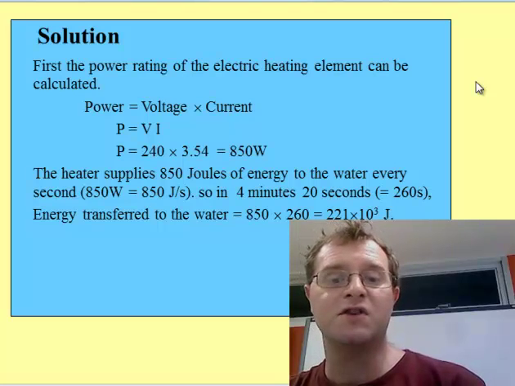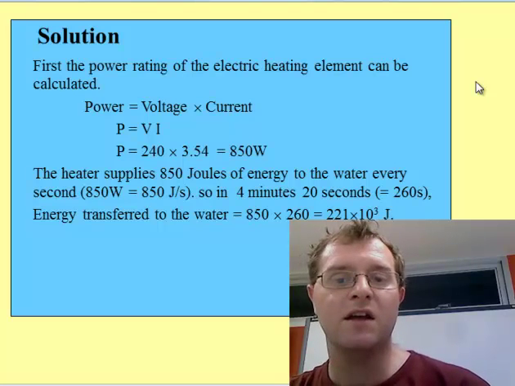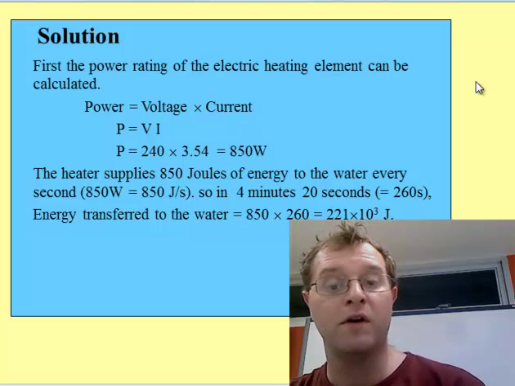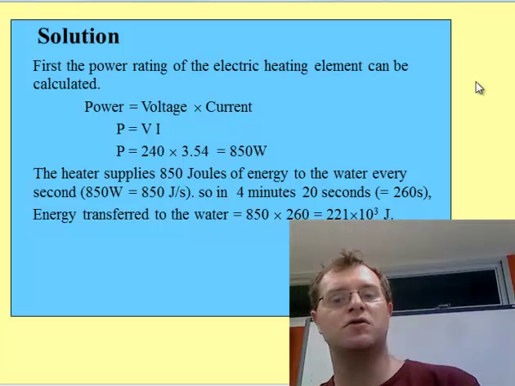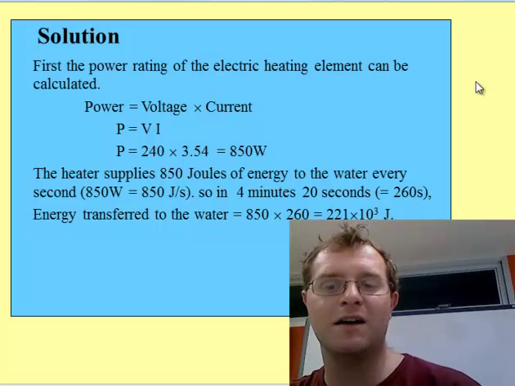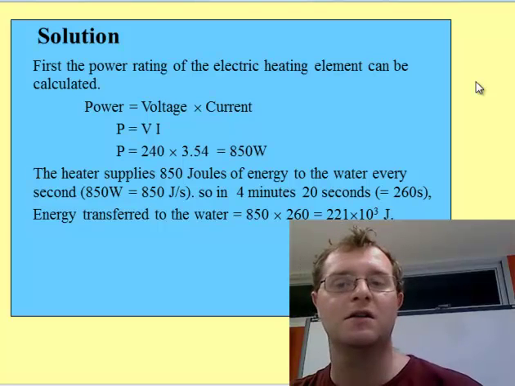First of all, we work out the amount of energy which has gone in. We know that the power rating is going to be 850 watts, and we know that the amount of time is 260 seconds. So in total, 221 times 10 to the 3 joules has gone into my system.